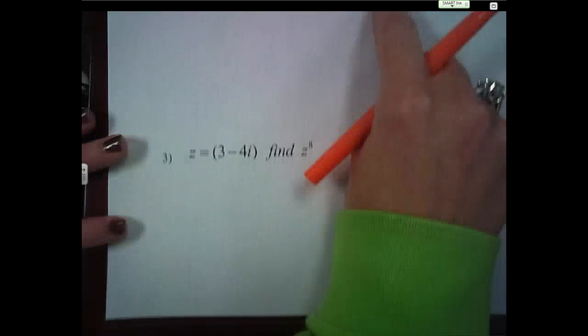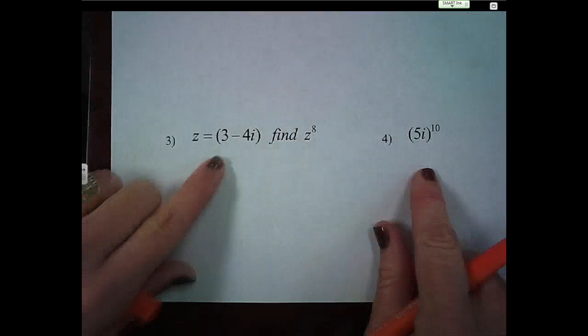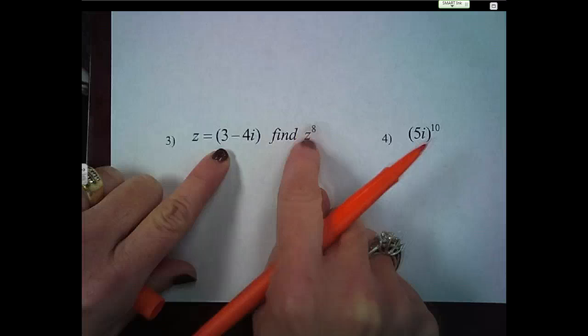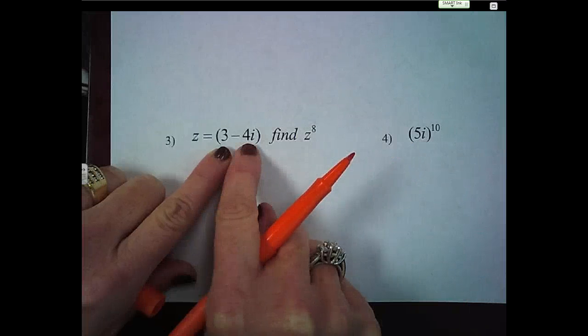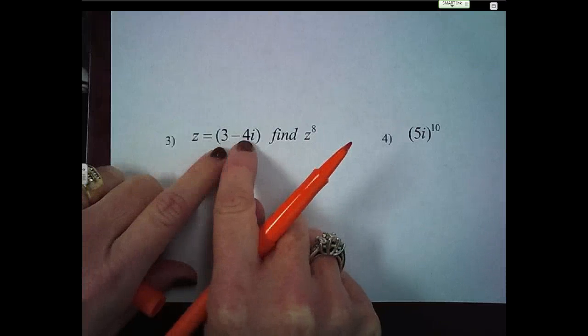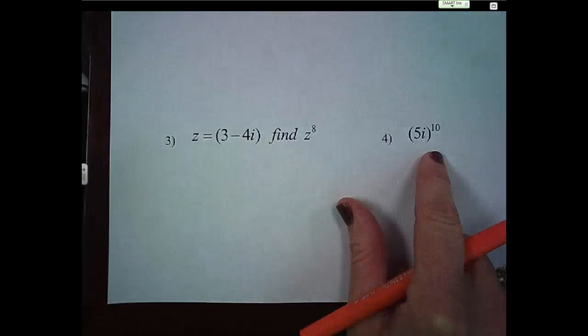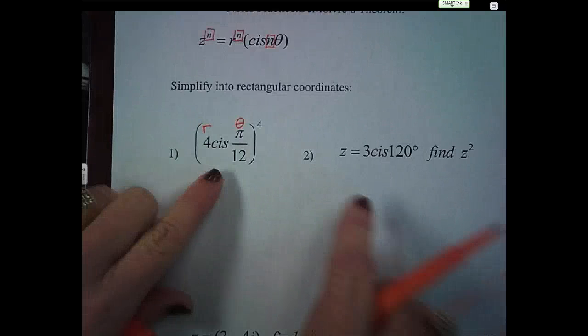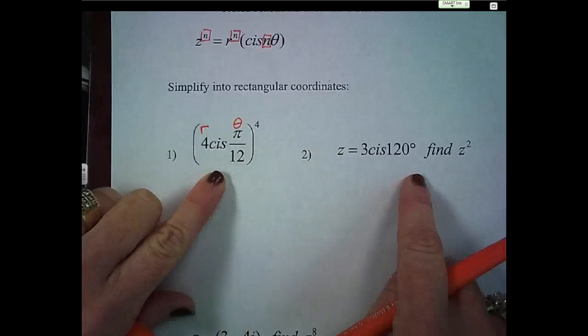Versus look at numbers 3 and 4. If I want z to the 8th power, it's already in rectangular coordinates. This is x and this is y. So to do numbers 3 and 4, you have to put them in CIS form first. So you go to CIS and you go back.